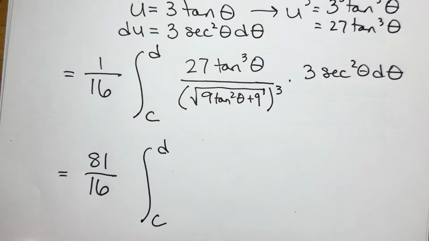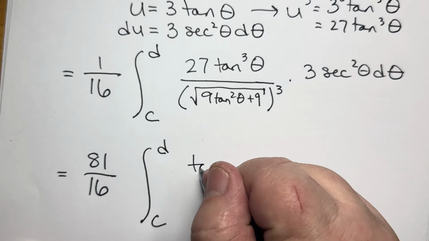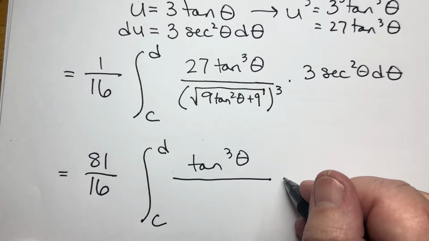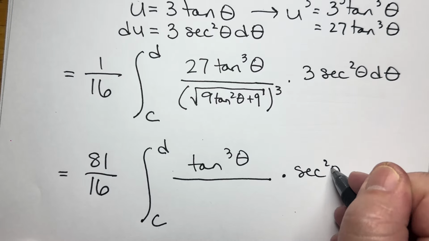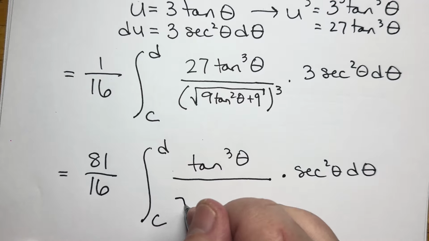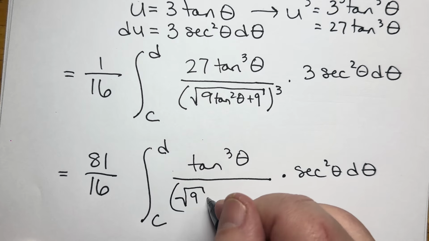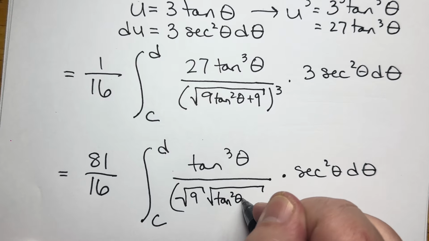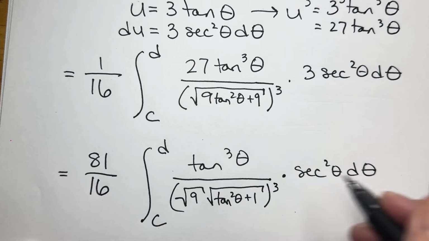Tangent cubed theta. This is going to be secant squared theta d theta. Now down here, I've got a square root of 9, and then the square root of tangent squared theta plus 1. The whole thing cubed.